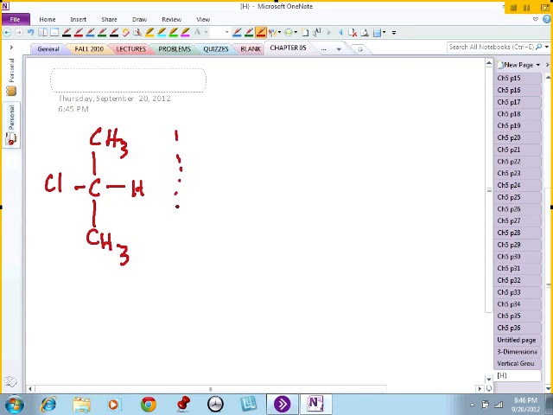Now, if I draw the mirror image of this, the mirror image will look like this. That is the mirror image.